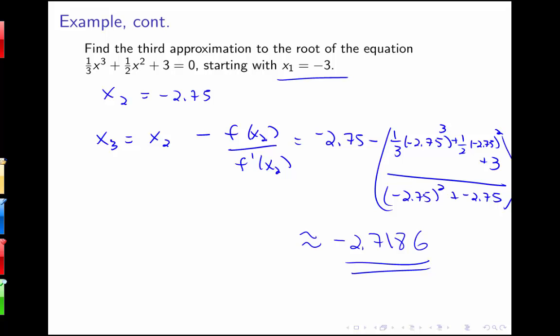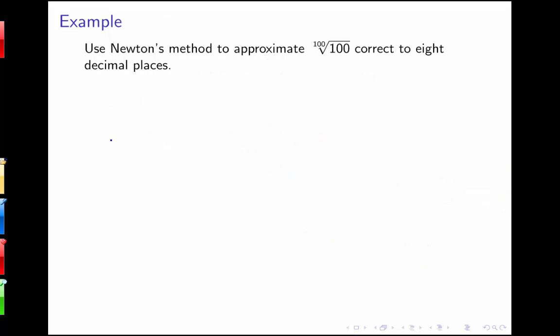Okay. So we want to look at one more example, but this gives us an idea of what the process is like. So here's our last example. We want to use this method to approximate the 100th root of 100 correct to 8 decimal places.